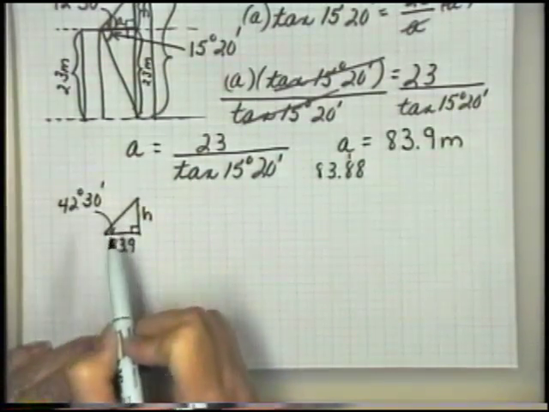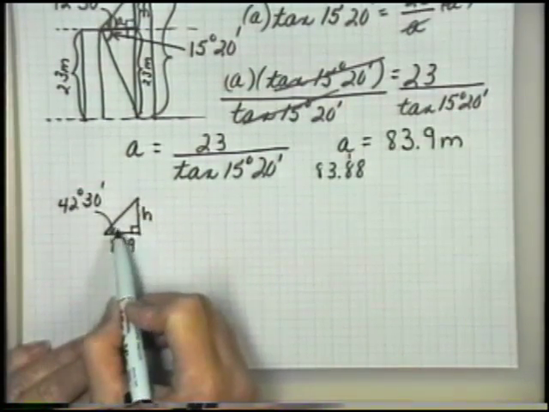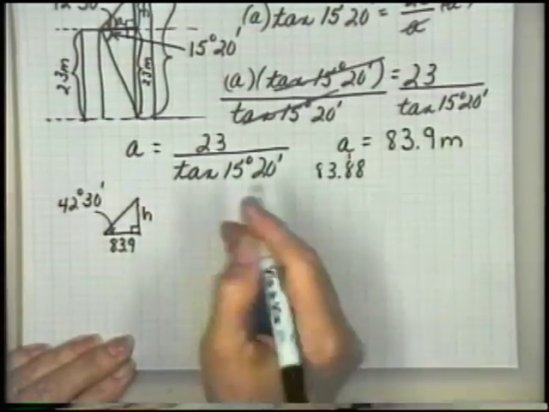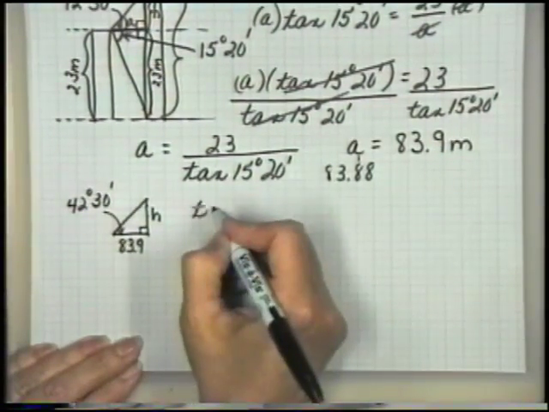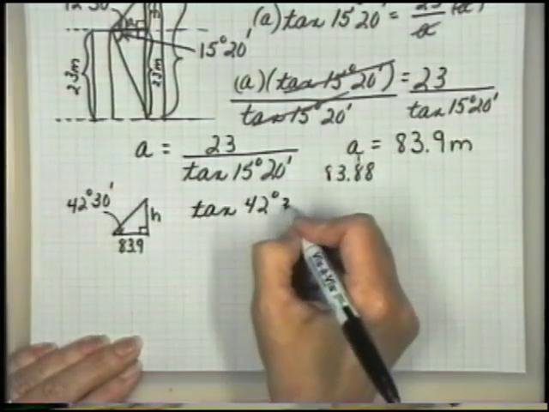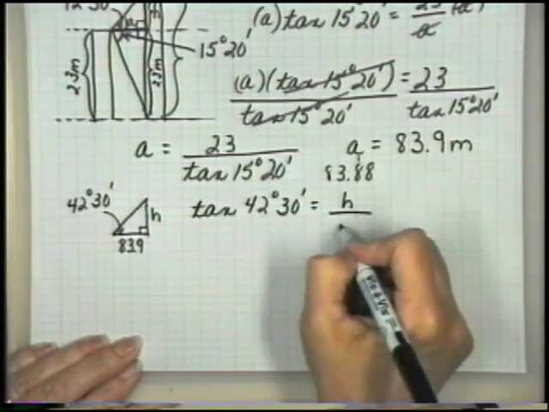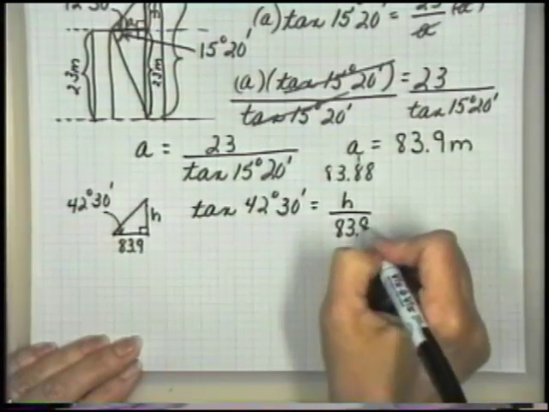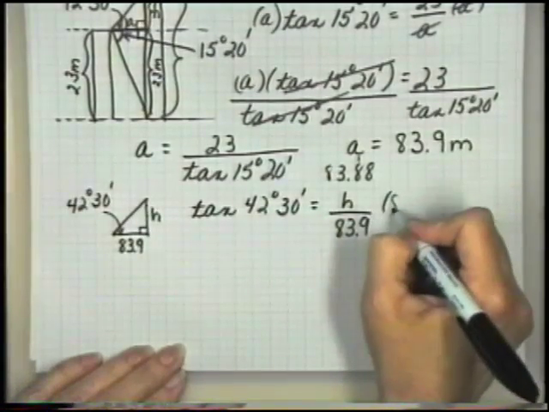So to find H, H is opposite my angle. 83.9 is adjacent to my angle. So once again, I will use the tangent function. The tangent of 42 degrees 30 minutes equals H divided by 83.9.